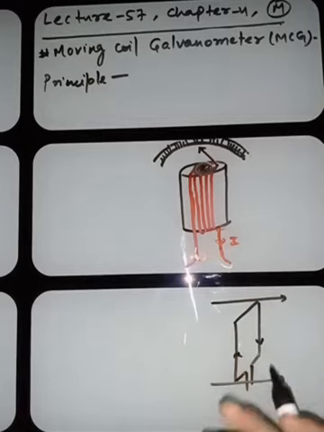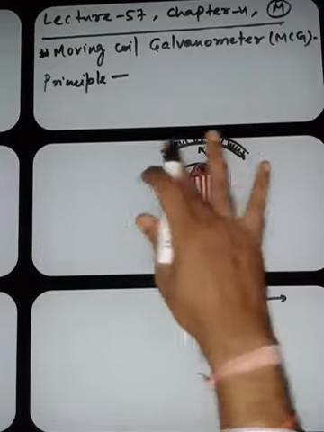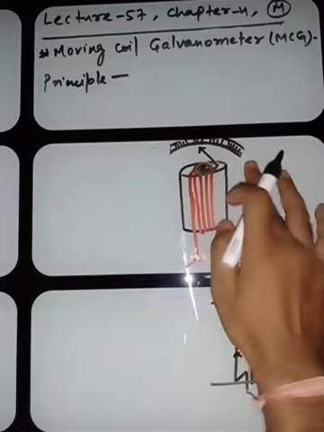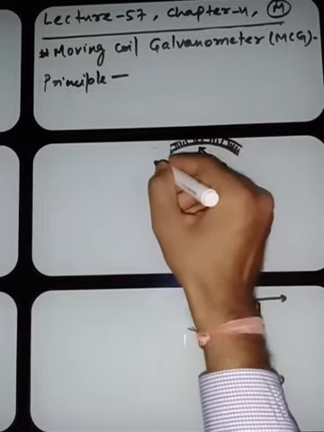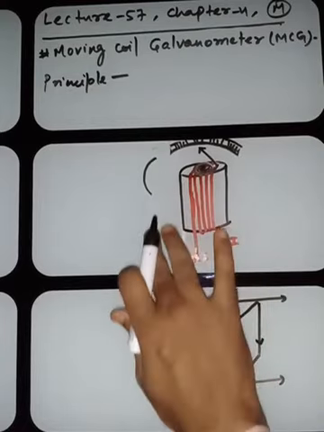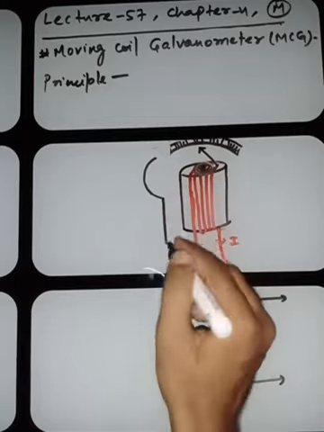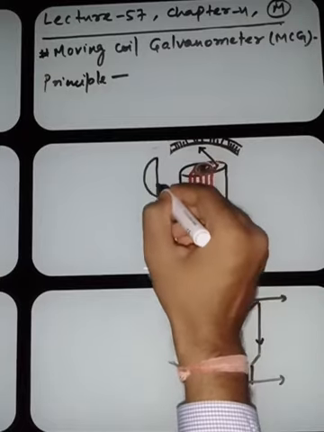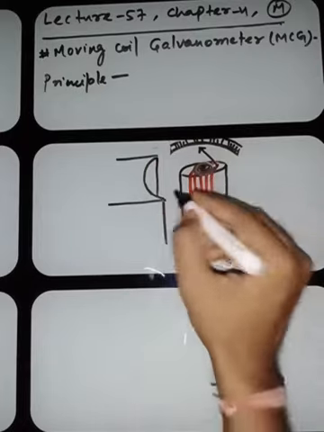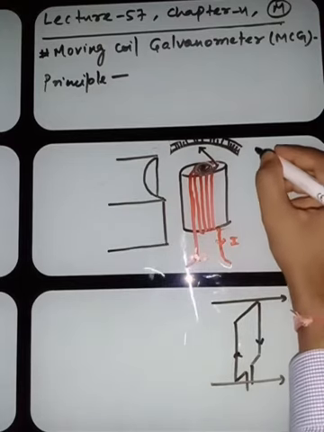From where does it get the magnetic field? This is the source of the magnetic field. You can see, my dear students, this is a magnet. An electromagnet can also be used for this purpose.